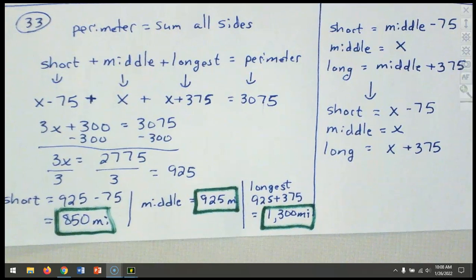Question 39. Okay, this one works with a total, and it's going to be similar to question 33. A little bit different, but solved pretty much the same way. So that was 33. We're now going to look at 39.